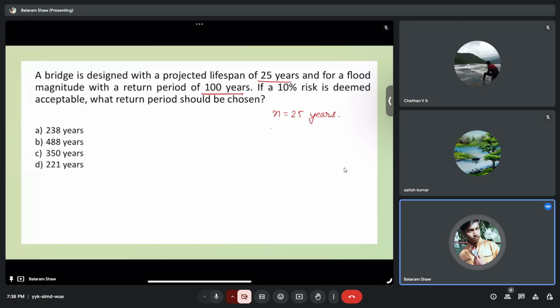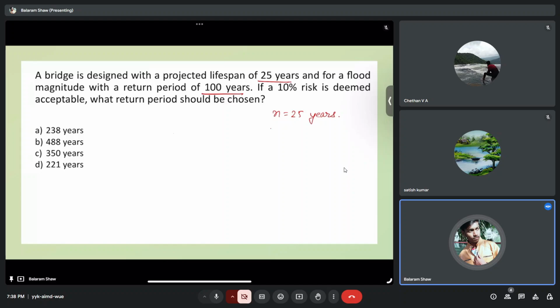If you calculate, 1 by T equals 1 minus 0.9 to the power 25, and T will be 1 by (1 minus 0.9 to the power 25).